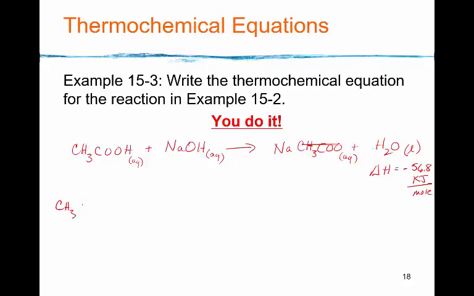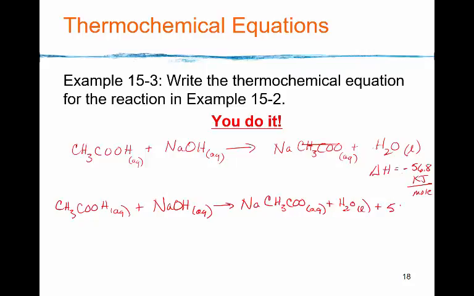CH3COOH aqueous plus sodium hydroxide gives me sodium acetate plus water plus, since it's negative, I could have written it as plus 56.8 kilojoules per mole.